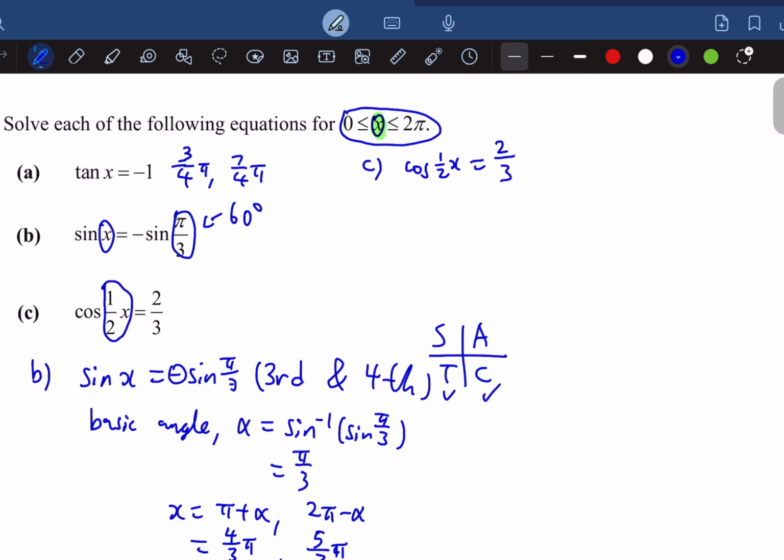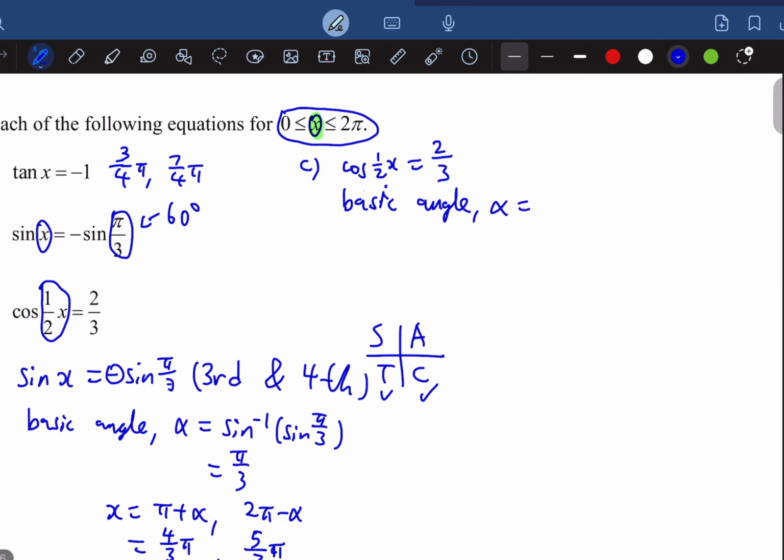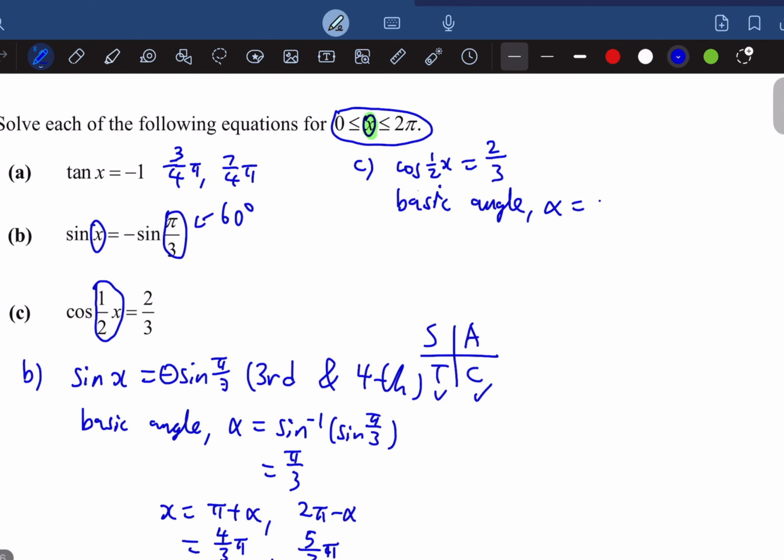From here I find the basic angle first, as per usual. Every year there will be students asking me, is finding the basic angle standard that we need to do? Yes, you need to find it, because by attempting to find the basic angle, 1 mark is awarded, so you need to be mindful. So basic angle alpha equals cosine inverse 2/3.